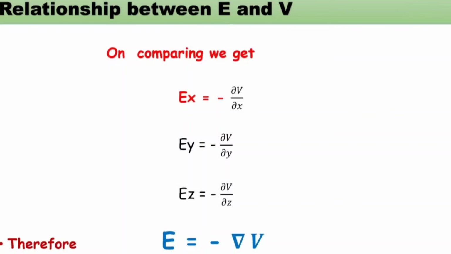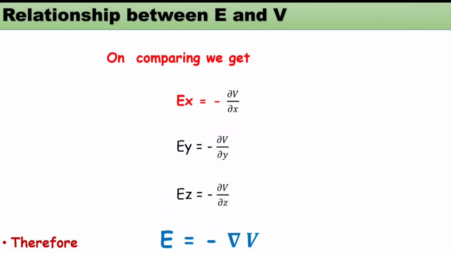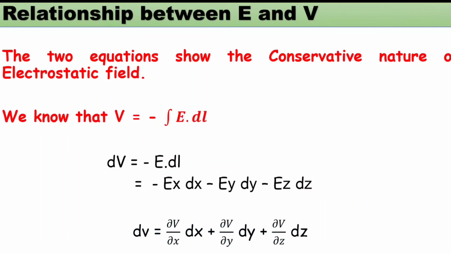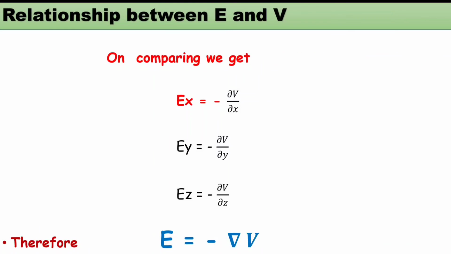Now on comparison, Ex is equal to minus dou V by dou x, Ey is equal to minus dou V by dou y, Ez is equal to minus dou V by dou z. Therefore finally we can write E is equal to minus del V. This is the relationship between electric field and electric potential. E is equal to minus del V.